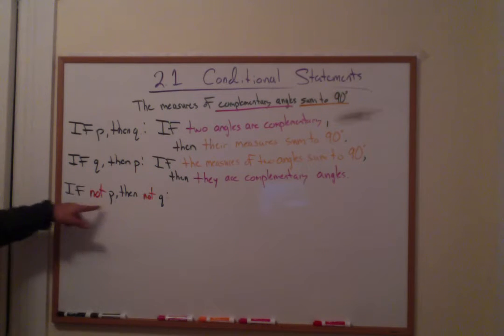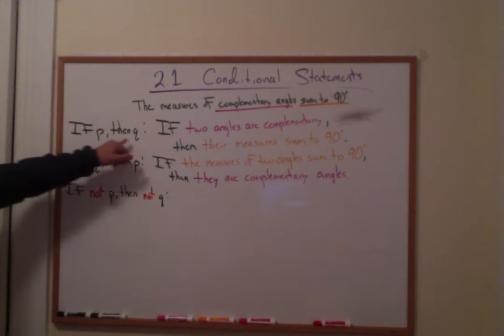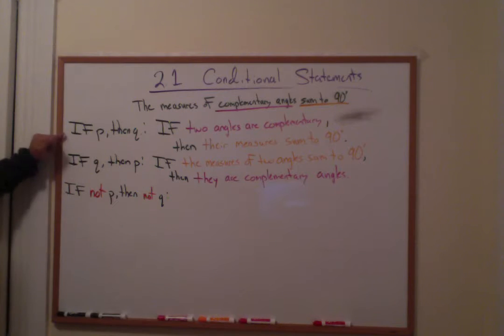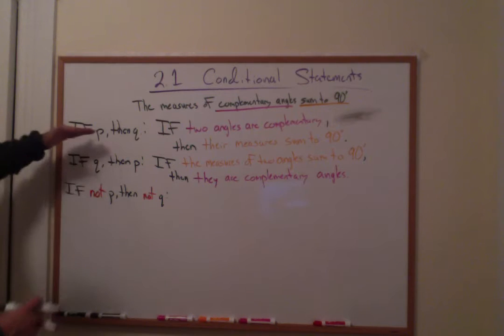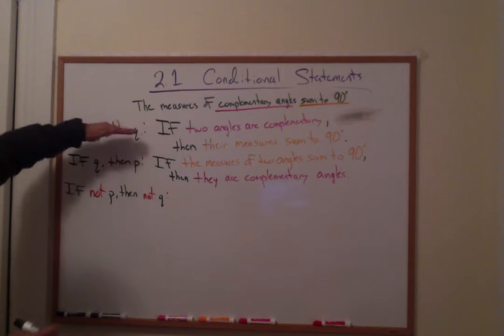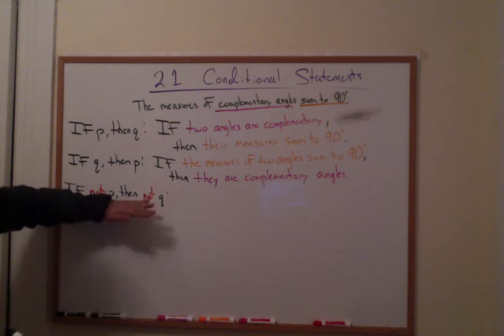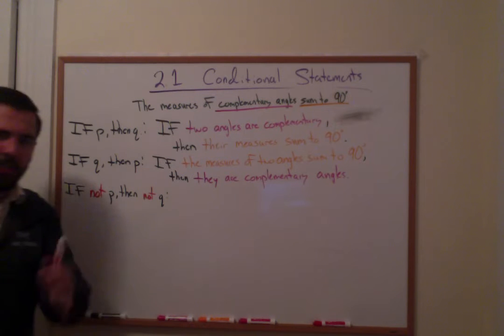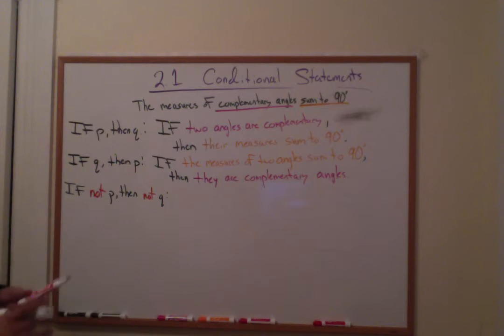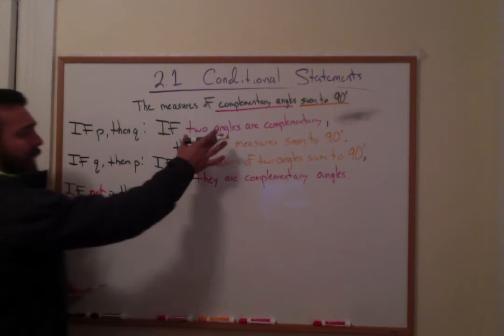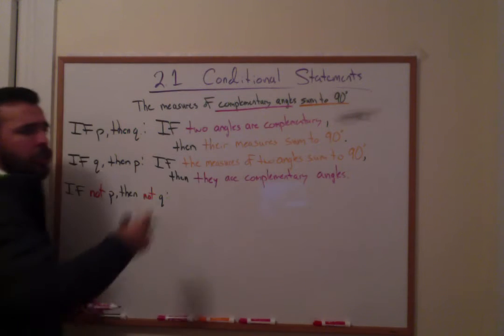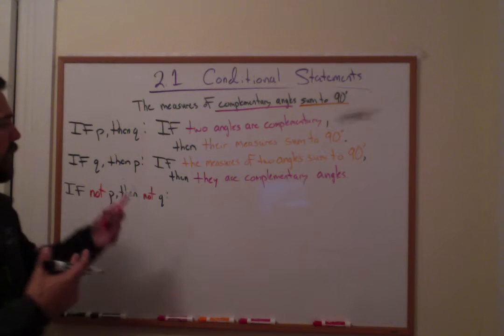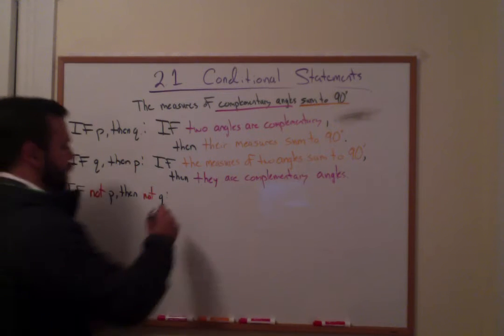It negates the hypothesis and the conclusion of the conditional statement. Try to keep track of the order of what we're working with here. Conditional, converse, inverse. It's going to be the same as your notes. So, now let's go ahead and do this. We go back to the regular conditional and we just negate the hypothesis and conclusion.